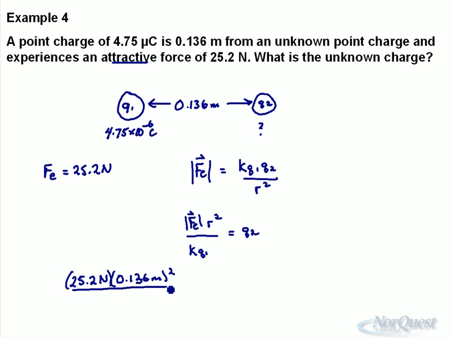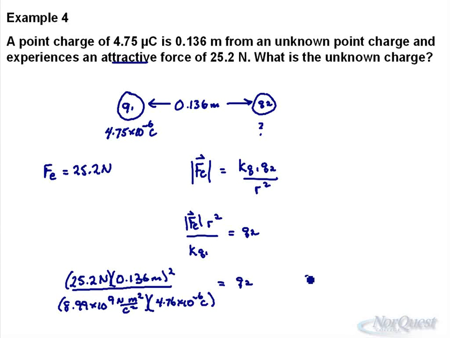Now the k value is on your constant sheet again, Coulomb's law constant, 8.99 times 10 to the 9 newton meter squared over coulomb squared. And Q1 turns out to be 4.75 times 10 to the negative 6 coulombs. This is going to equal Q2.